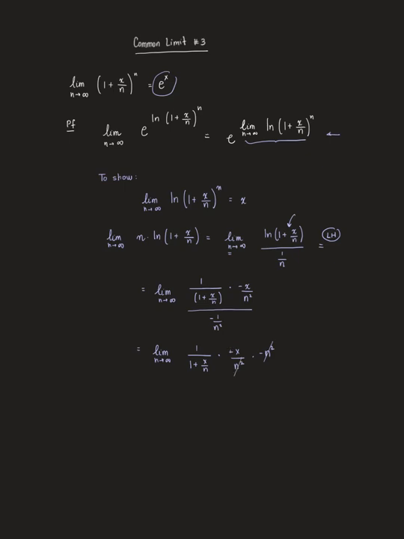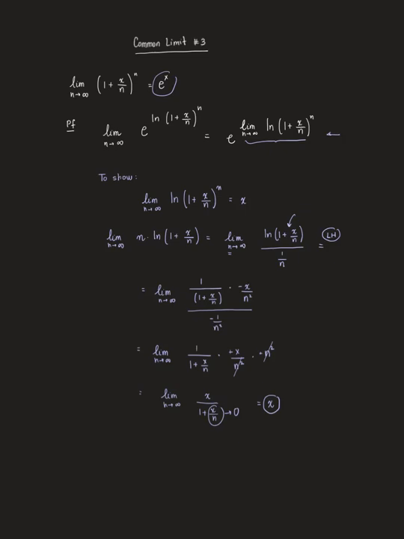And we're left with the limit as n approaches infinity of x over 1 plus x over n. It's n that's growing really, really large, so x remains the same in the numerator. This x over n will go to 0 as n gets very big, and we're left with this limit being just x.